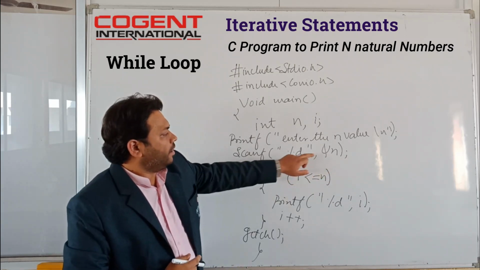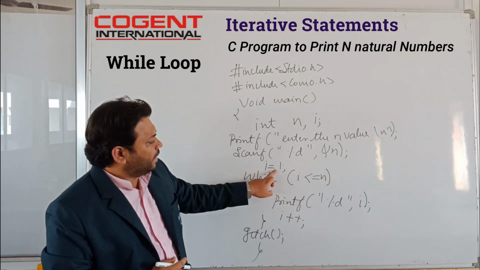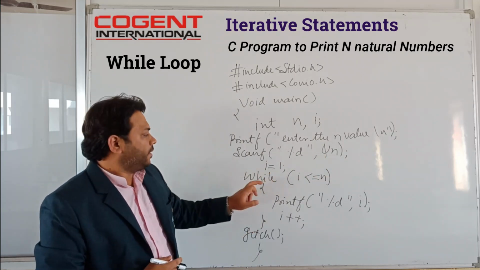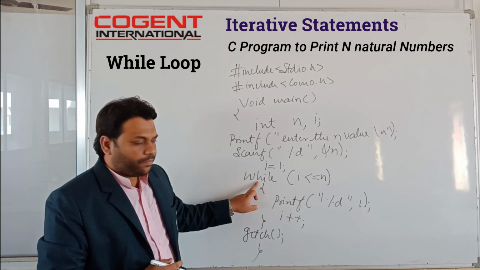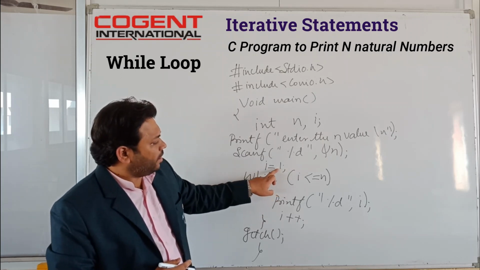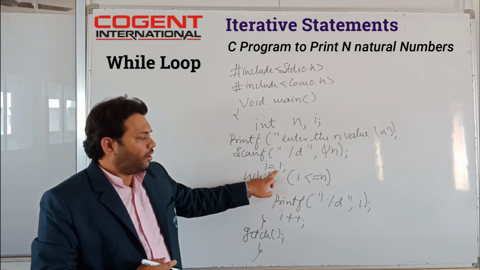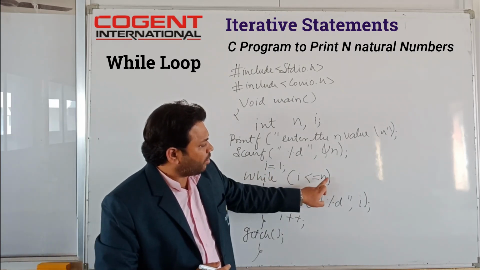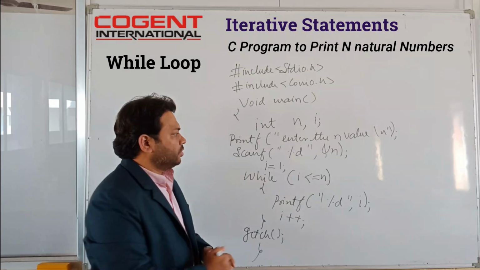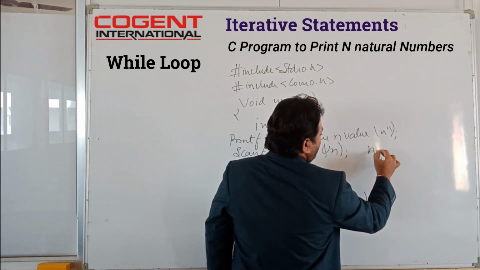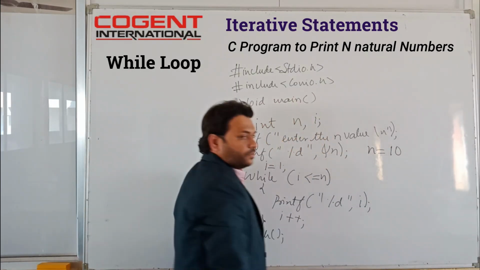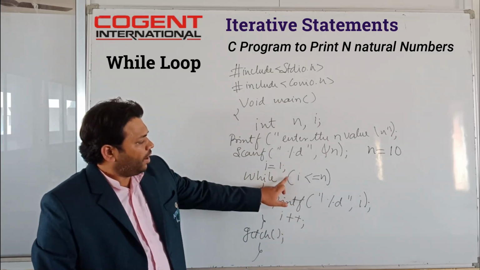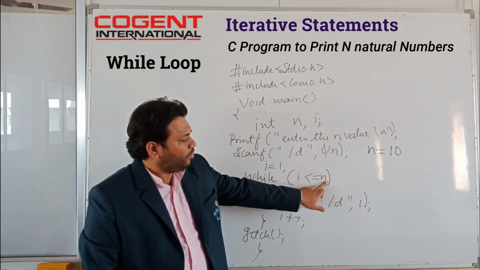Then read that value, then initialize i = 1, then the while loop. Initially the i value is 1, so it will compare whether 1 is less than or equal to 10. I have read the n value as 10 here.